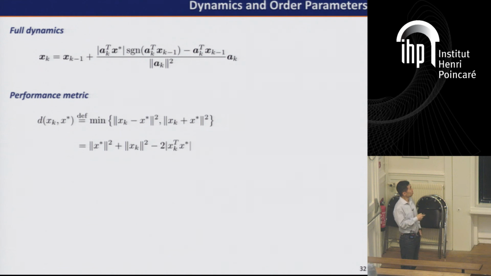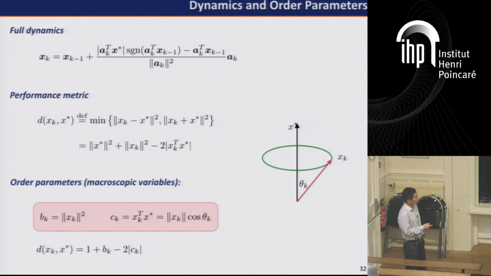What we care about is the distance between the current estimate and the true signal, and the squared distance. If you expand the distance, you can see that it can be written as a summation of 3 terms. The first term is the squared norm of the true signal, which is fixed. The second term is the squared norm of the current estimate. And the third term is the inner product between your current estimate and the true signal.